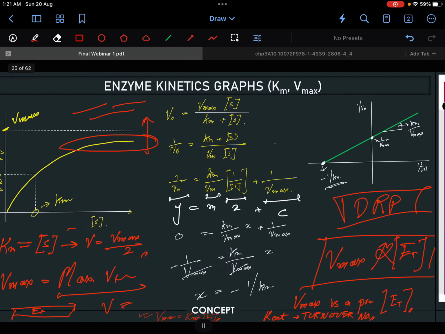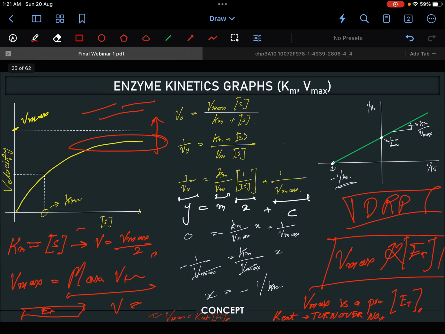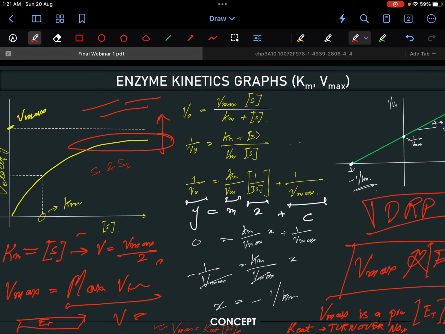Okay, so another thing I need to tell you is that Km also determines the affinity. If half of the Vmax is reached at a lower substrate concentration, say there are two substrates, substrate 1 and substrate 2.